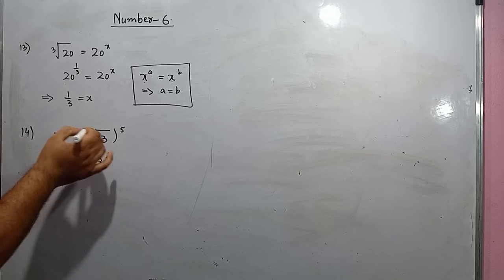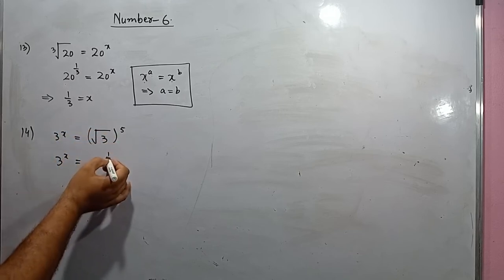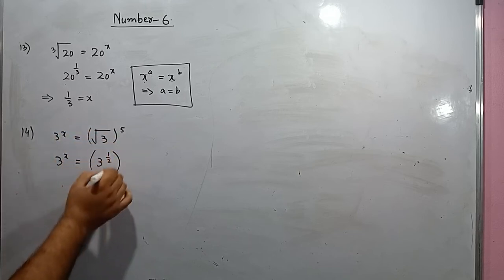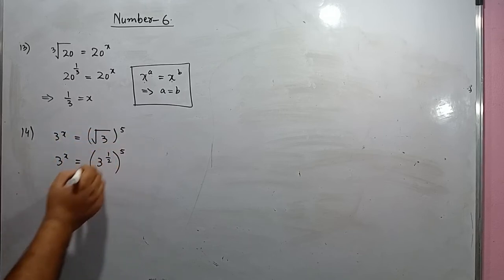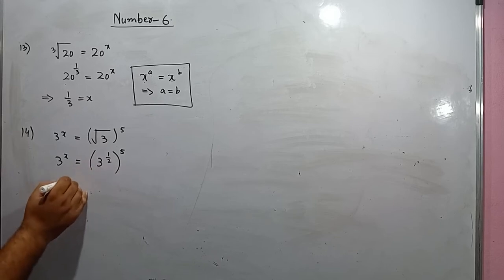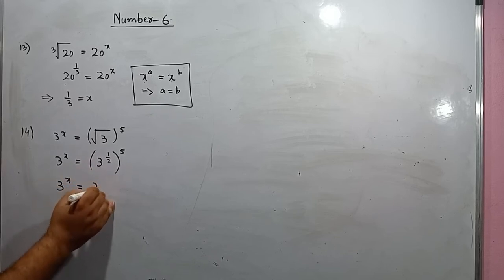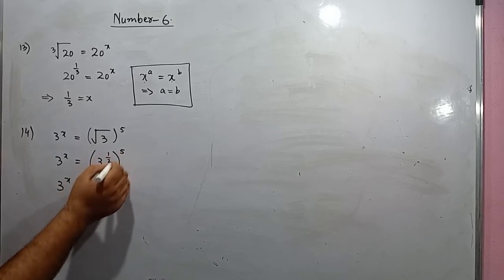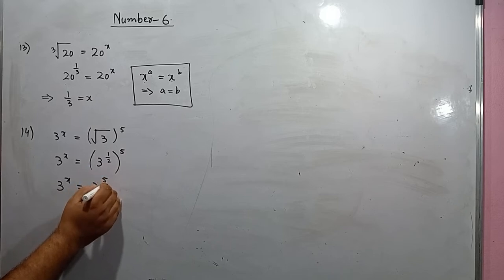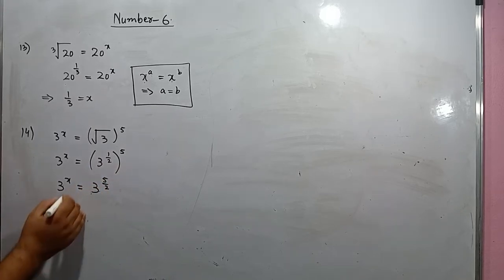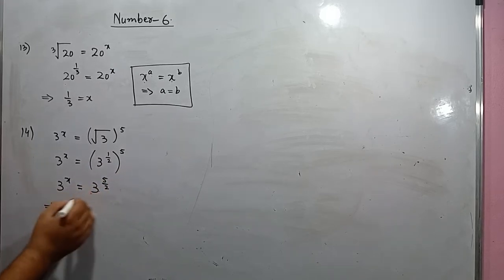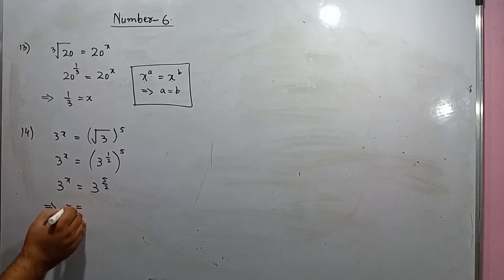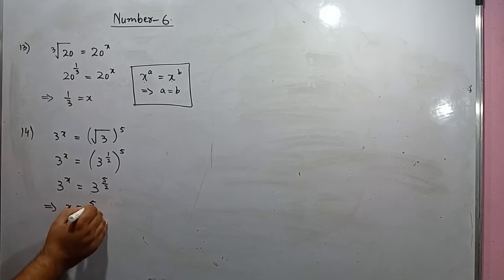I am just converting this square root to the power 1 by 2, whole power 5. Now you can see it's 3 power x equals 3 power 1 by 2 into 5, that is 5 by 2. Now I can write here, since bases are the same, powers will be equal. So x equals 5 by 2.